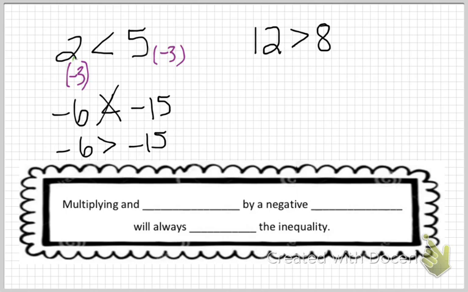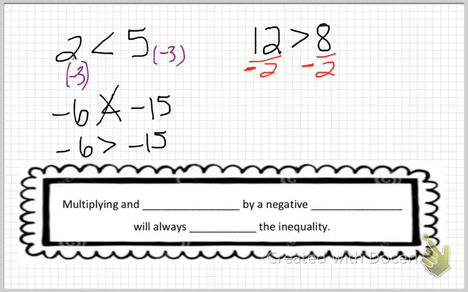Now let's check it out with dividing. So let's say I wanted to divide by 2 on both sides. 12 divided by 2 is 6. 8 divided by 2 is 4. Bring down the inequality. This is still true. 6 is greater than 4. It's a larger quantity. But what would happen if we would have divided by a negative 2?